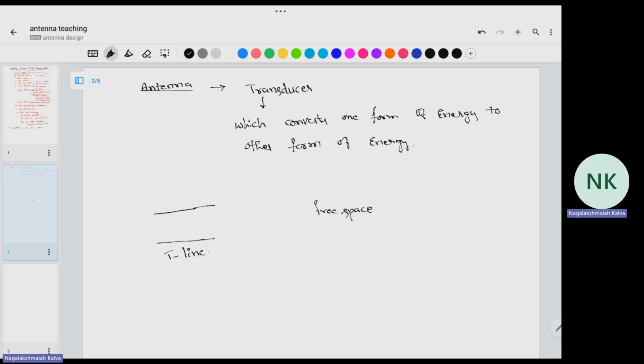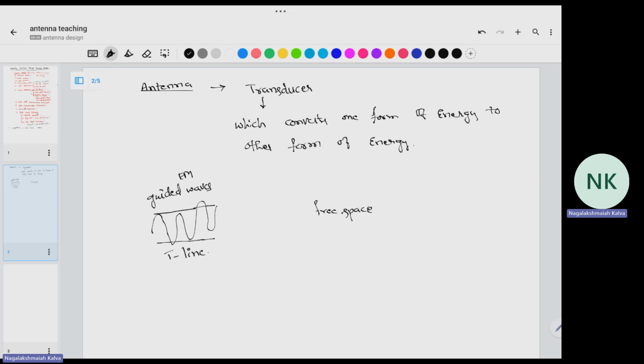So inside the transmission line, we'll have guided waves, or guided EM energy.